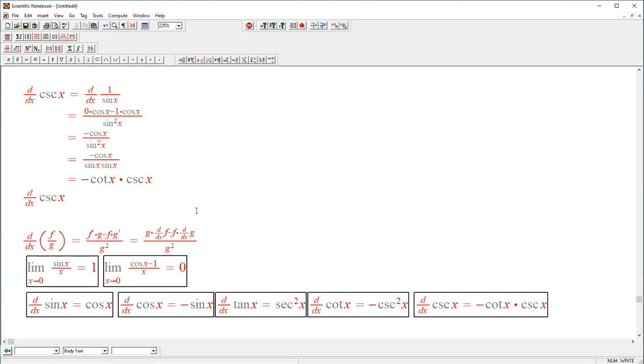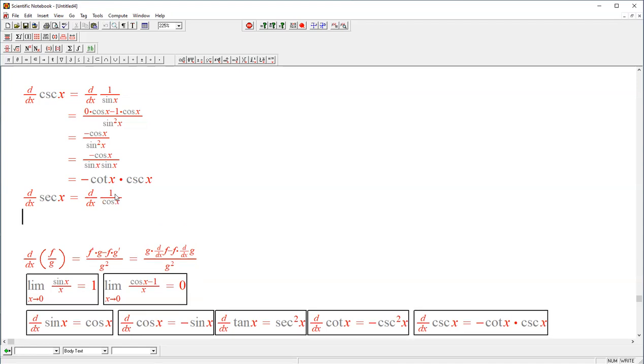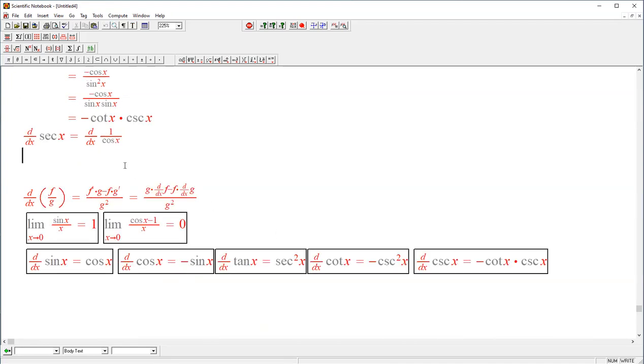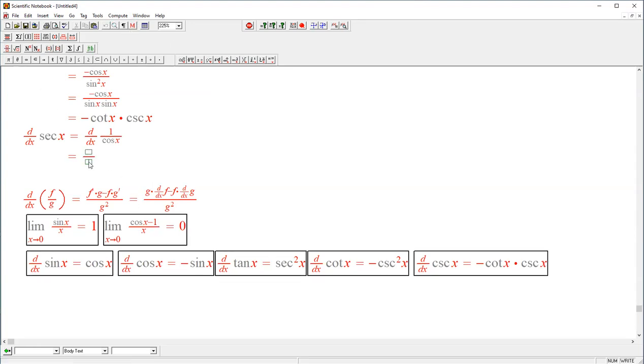And last but not least is the derivative of secant. It's going to be very similar. Now it's secant, and secant is 1 over cosine, right here, cosine x. And quotient rule, right?